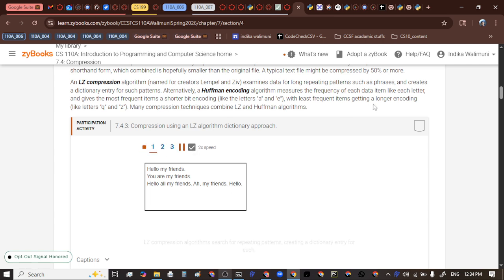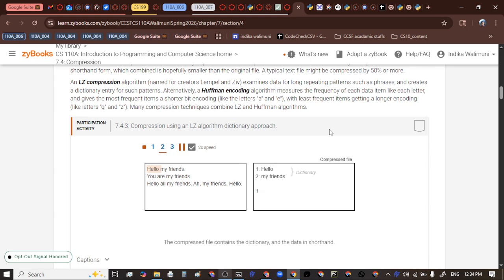Let's play the animation. This is the original data set. I create the dictionary using the words we have, and these are built into the compression algorithm, guys. When we compress using the compression algorithm, we use this dictionary to put in those shorter terms. So hello my friends becomes 1 2, and you are my friends becomes you are 2.